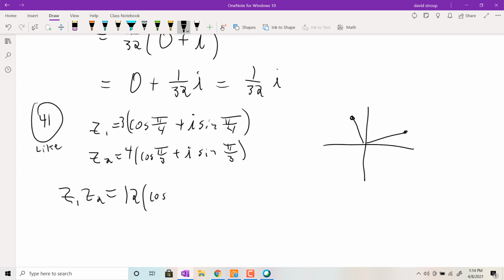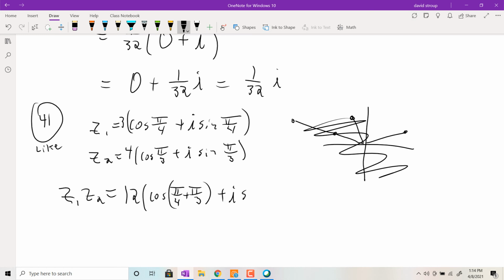So to multiply this times this, it'll rotate over to a new answer, and then it'll also extend the R value. It's kind of weird geometrically, but that's not something we're all that concerned with. So anyways, pi over 4 plus pi over 3, and then plus I sine pi over 4 plus pi over 3.